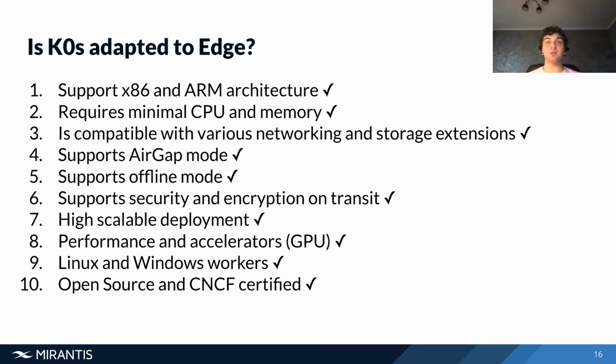Almost any CNCF solution for networking and storage will work. It supports offline mode and air gap mode. All that is really important for the edge. Yeah, and I forgot to mention that it works on Linux, but it also works with Windows workers, so maybe that is also sometimes important.